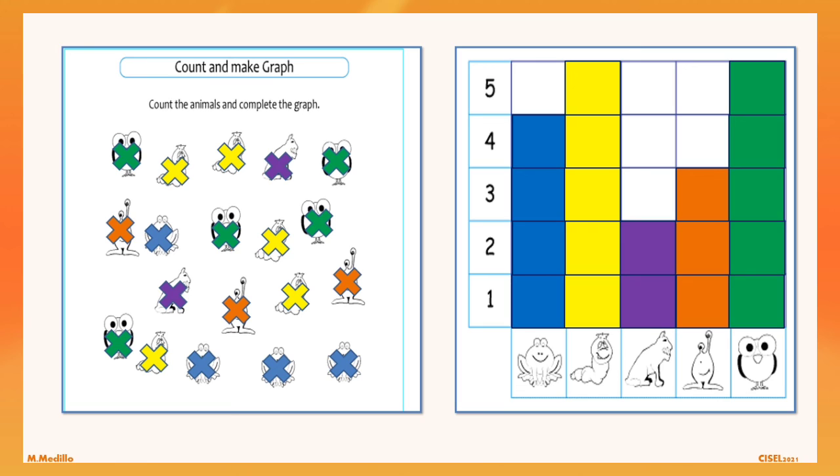And now, we already have our pictograph. We have 5 different animals. We have 4 frogs, 5 worms, 2 cats, 3 slimes, and 5 O's.